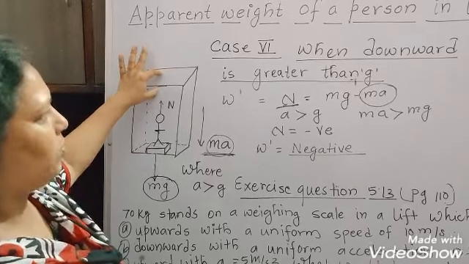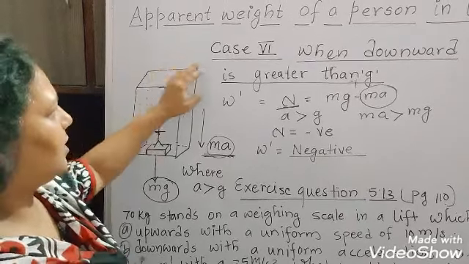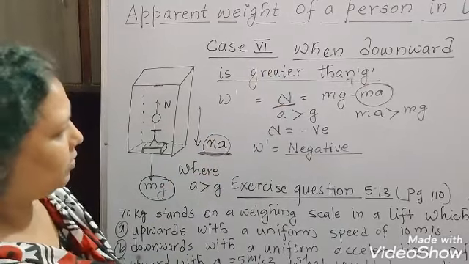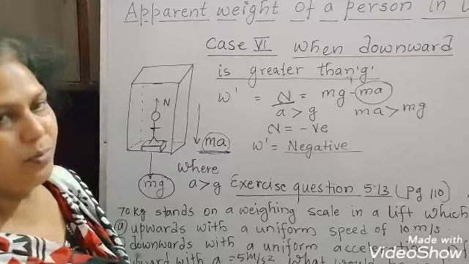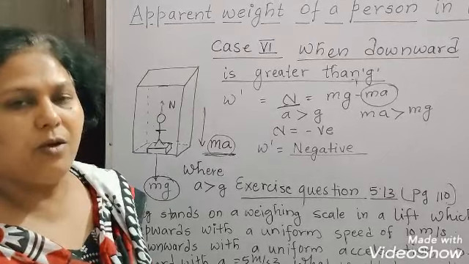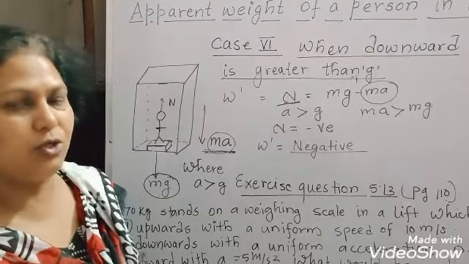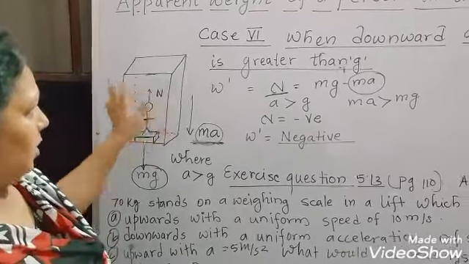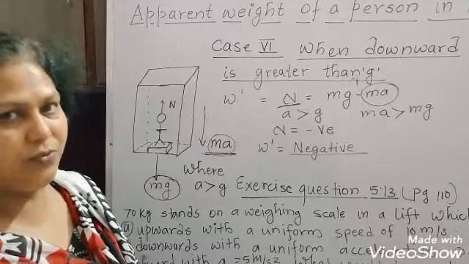This is the case when the downward acceleration is greater than g: the apparent weight will be negative and the person will rise up from the floor and crash to the ceiling. Okay, now these are all the cases which we have discussed.